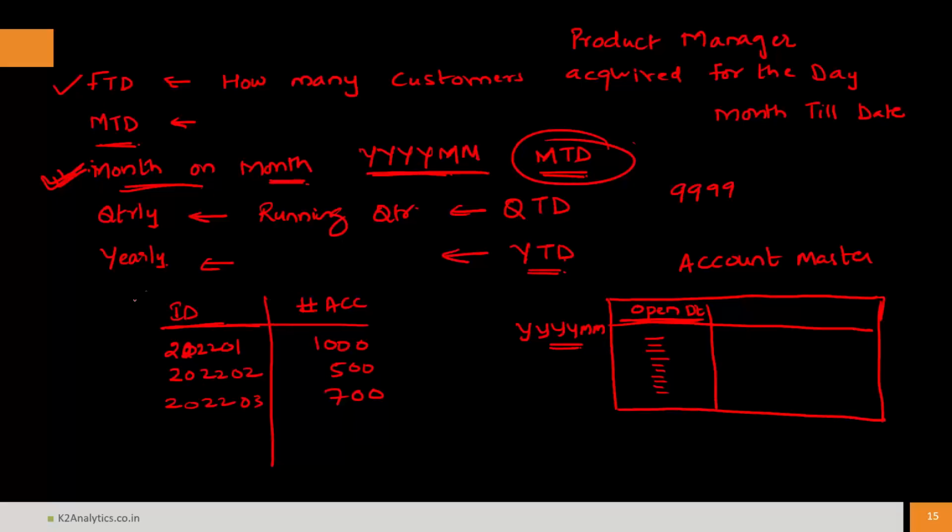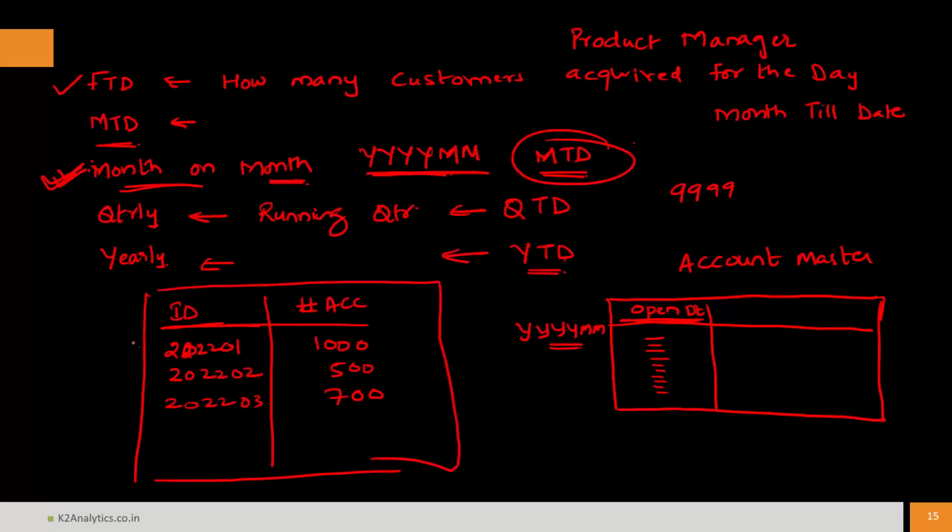Yearly and quarterly information can be easily found if you can aggregate this data further. It will become quarter one. If you take the next three, it will become quarter two, assuming I'm going with a calendar year, right?